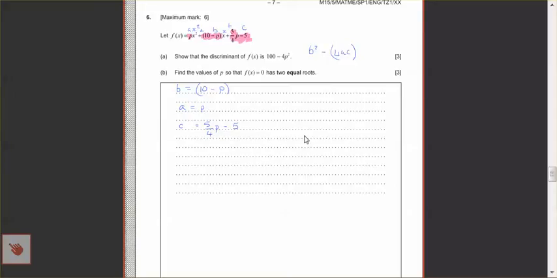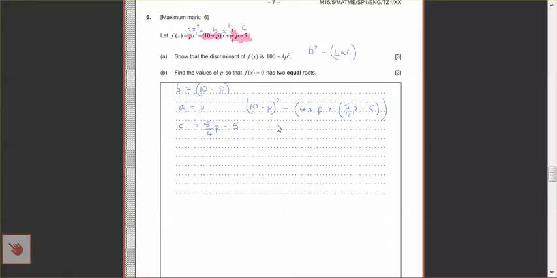Well, let's carry on working through it. So we've got b squared, which is 10 minus p squared. So 10 minus p squared minus 4 times p times 5 over 4p minus 5.